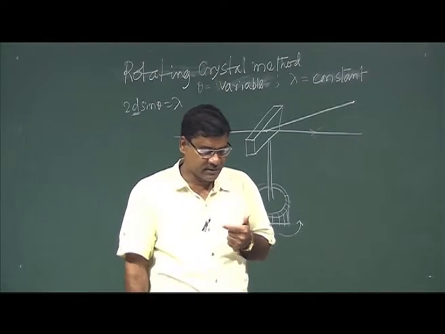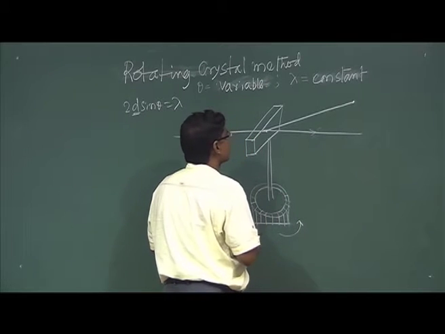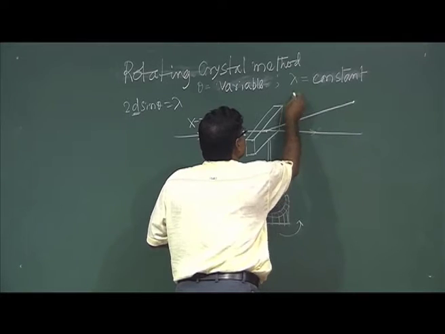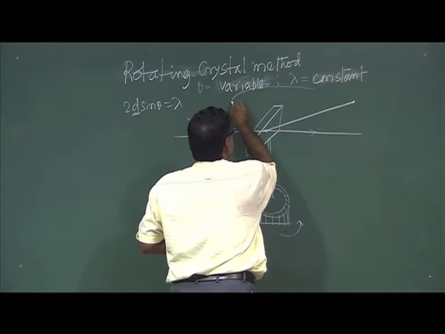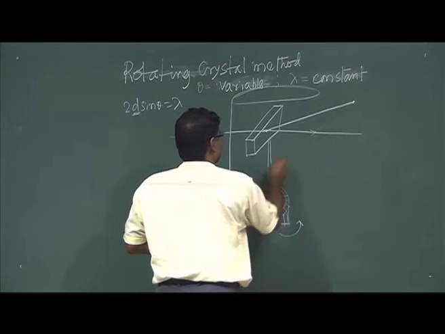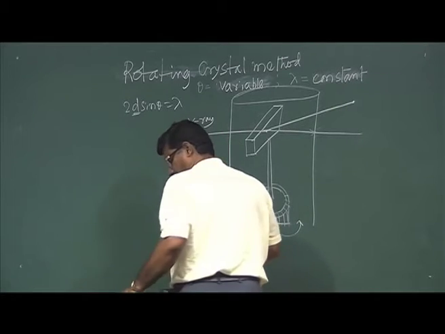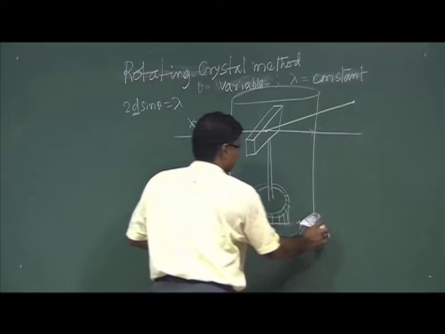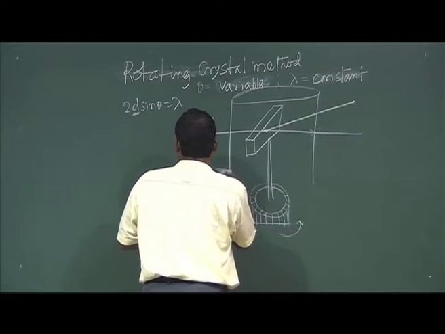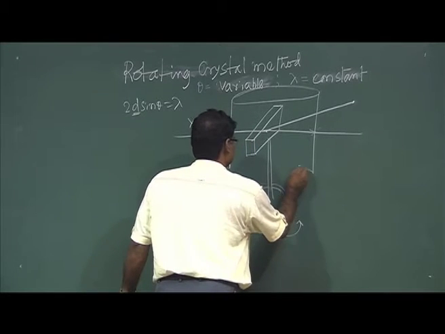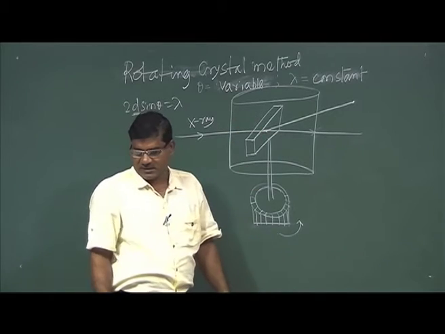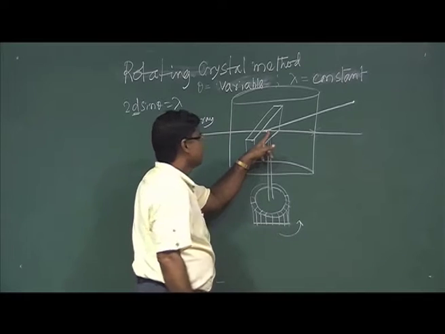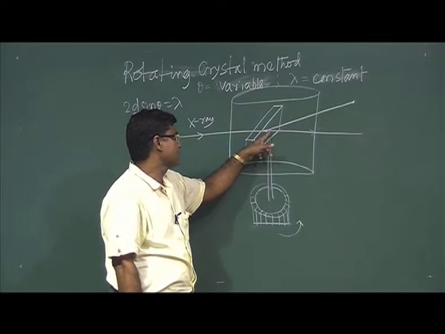In this method, the X-ray plate is placed cylindrically, keeping the sample at the axis of the cylinder, at the center.